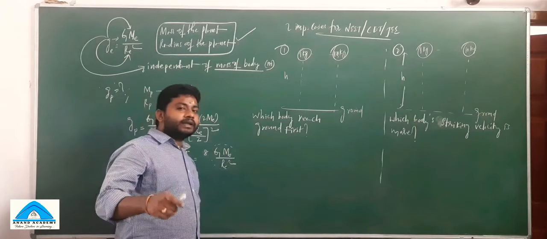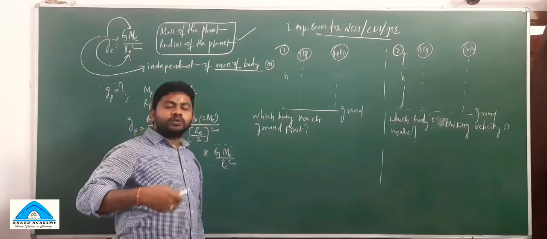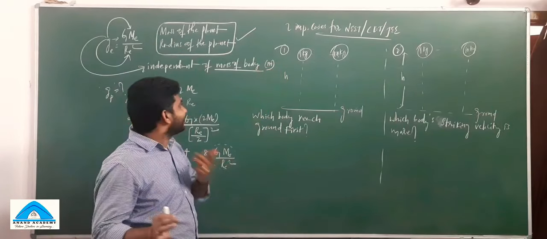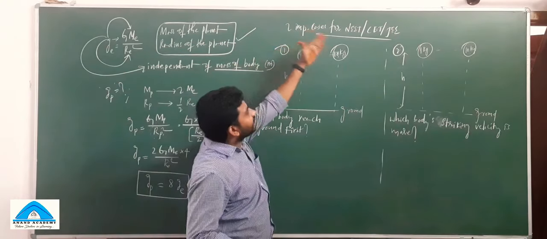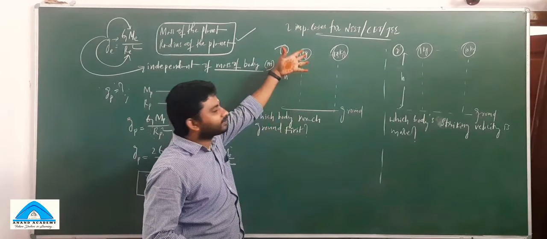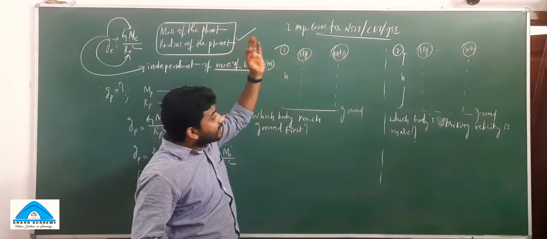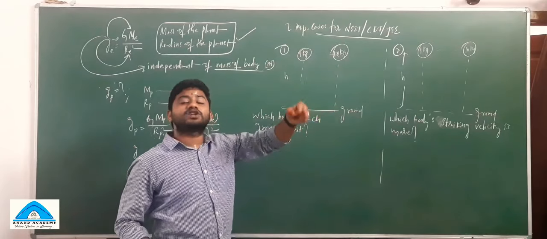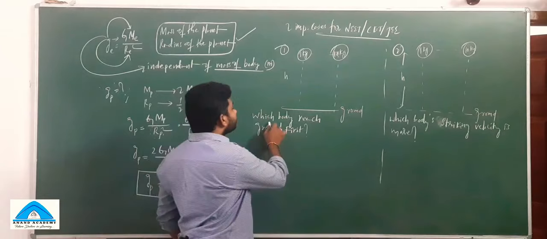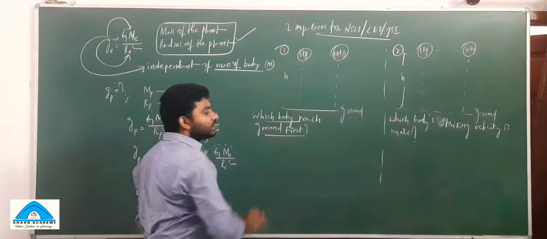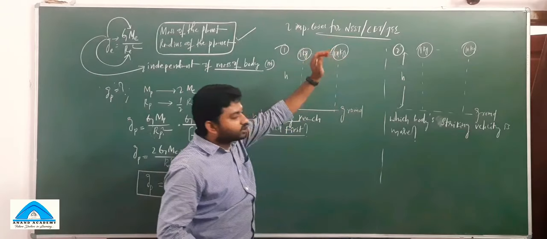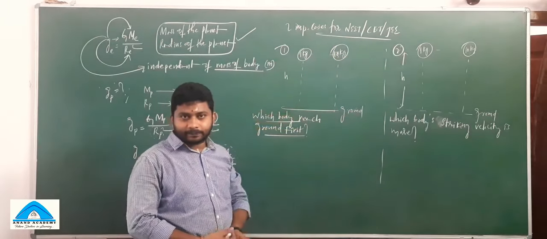I am telling you again, students commonly make mistakes in these cases. Let's start. Two important cases for the NEET exam. There is a body of mass 1 kg dropped from some height, and another mass of 10 kg also dropped from the same height. The question is, which body will reach the ground first? 99% of the students will say the 10 kg body will reach the ground first.